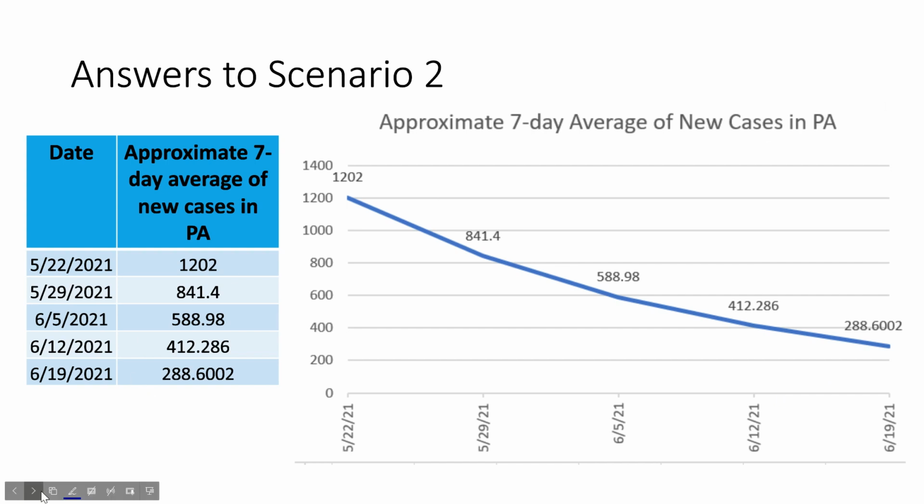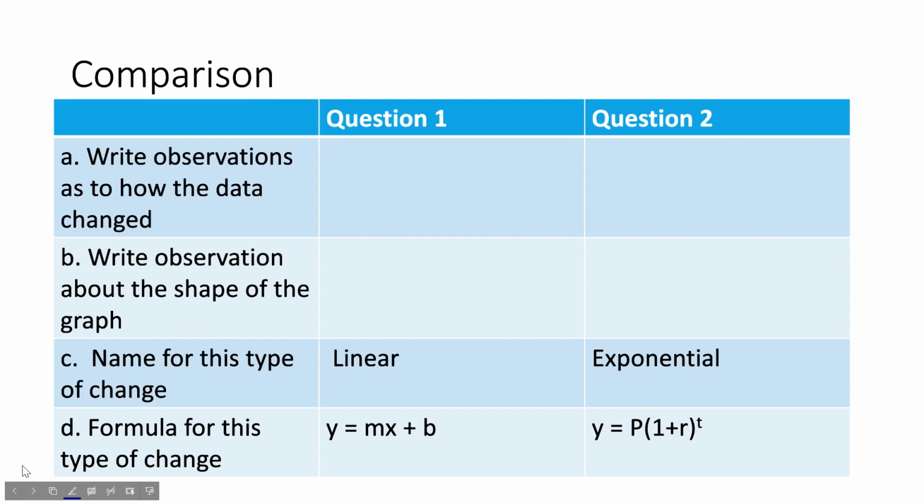And so from these two scenarios, we want to make some observations and begin to tell them apart. So we are to write observations of how the data changed. So it changed, it went down by the same amount.